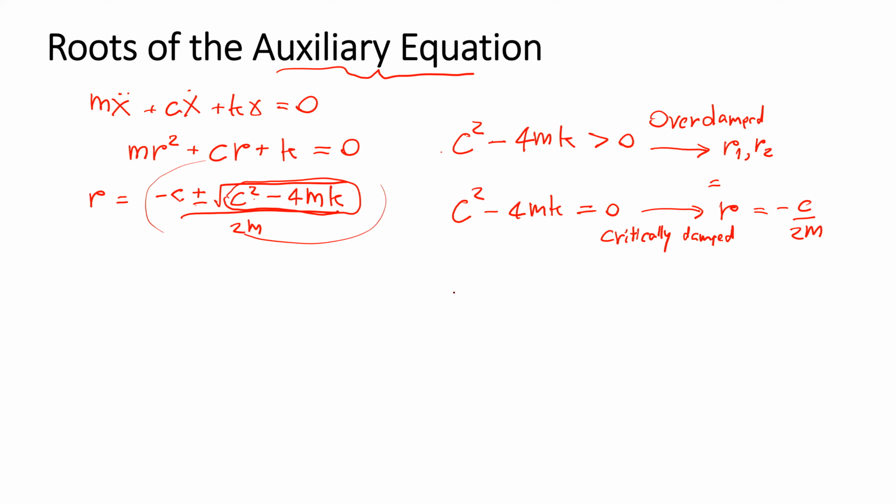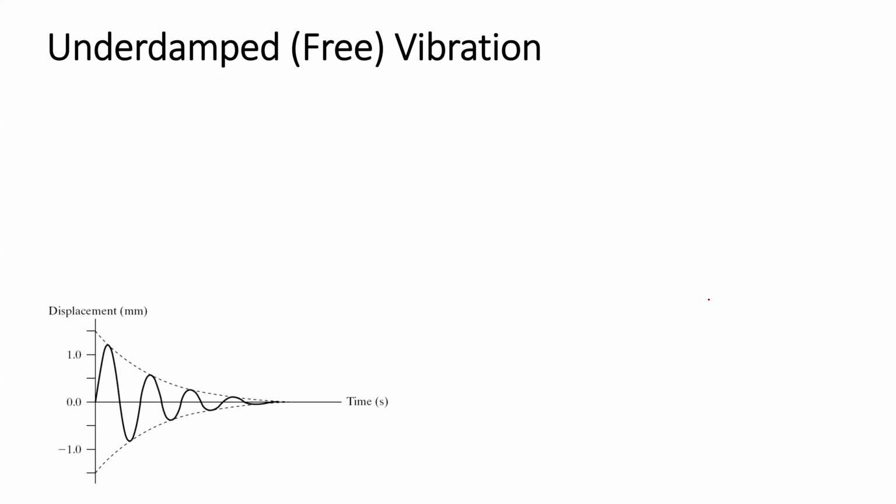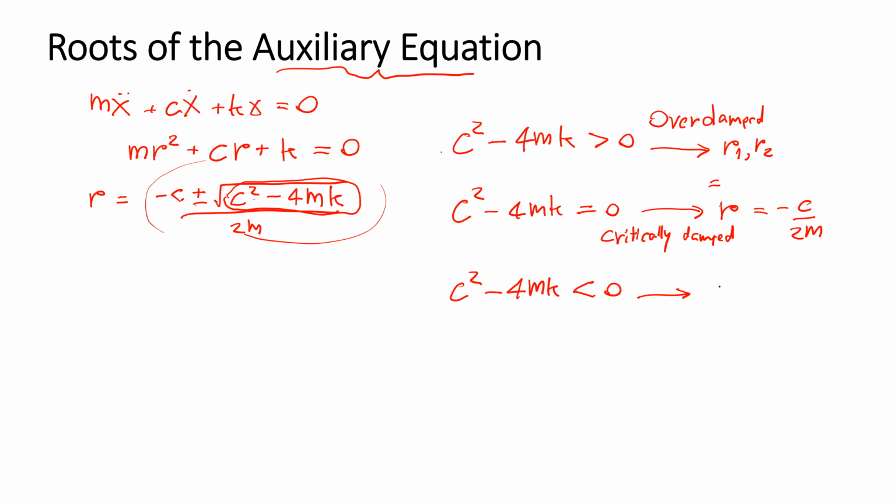And if the term C squared minus 4mk is less than 0, we have two complex roots, which are complex conjugates.